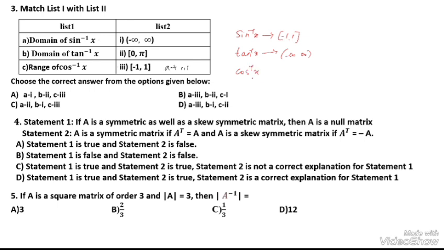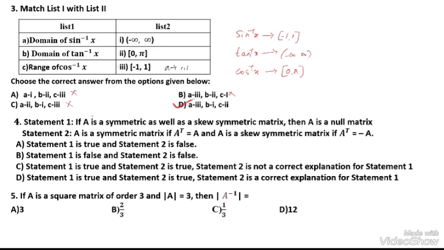The range of cos inverse of x is the closed interval 0 to pi. So B is related to 1. Here A is related to 3 and B is related to 1, so I discard these options. The option number B is correct.